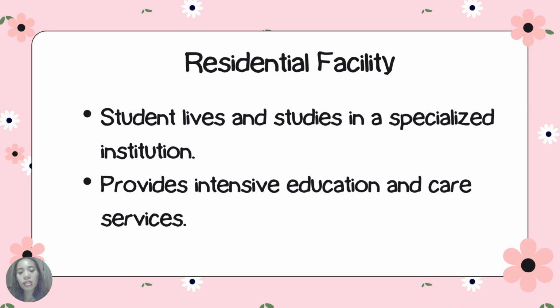Next one is residential facility. The student lives and studies in a specialized institution that provides intensive education and care services. An example of this is a student with multiple disabilities who lives in a residential school where they receive daily therapy, special education, and life skills training.